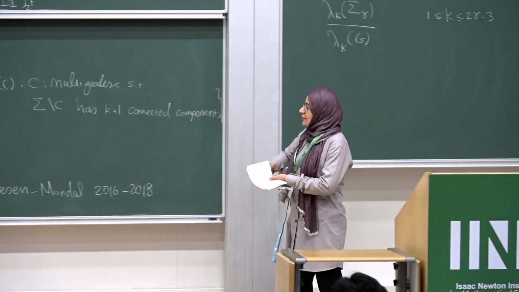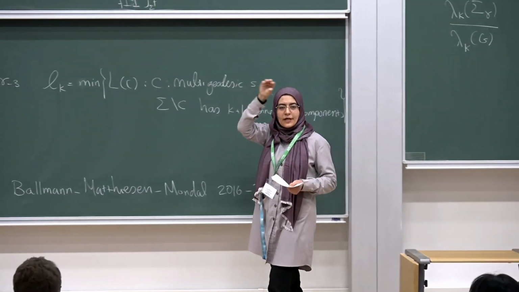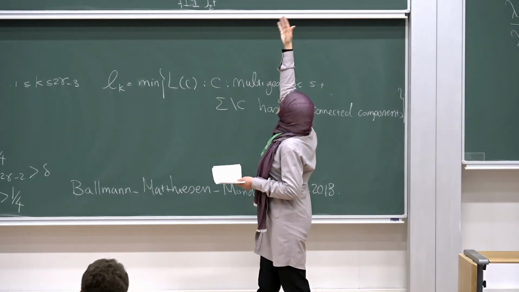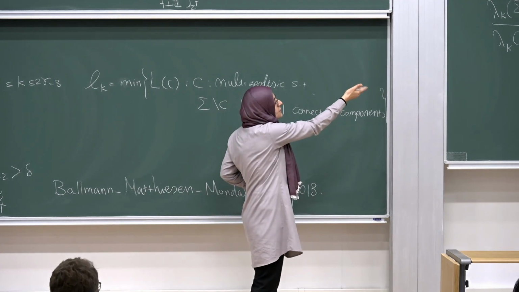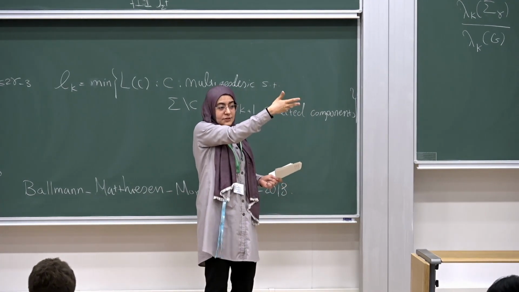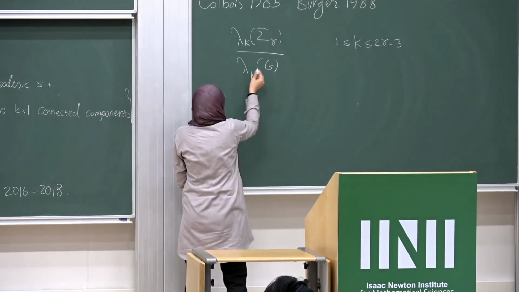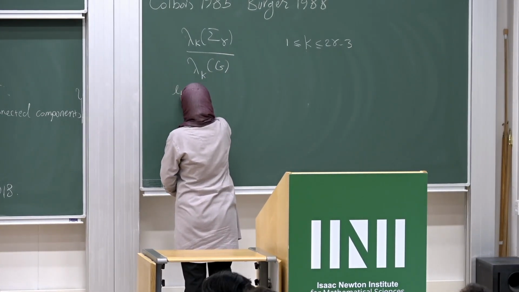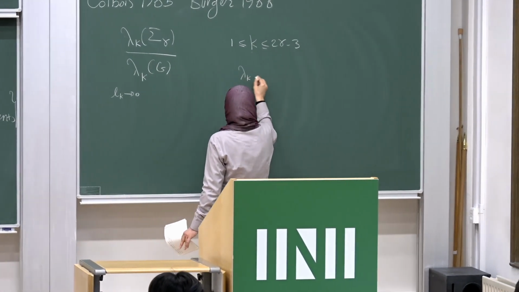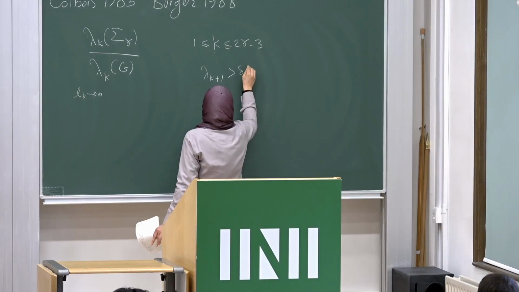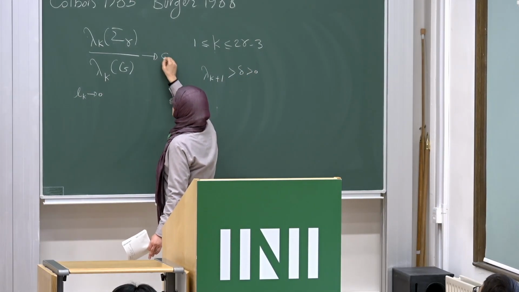For the complement of this collar, you assign vertices, and the volume of the collar will be the weight that you put on the edges. So basically, you assign a weighted graph that captures the behavior, and then they show that if L_k goes to 0 and λ_{k+1} doesn't go to 0, then this goes to a limit.